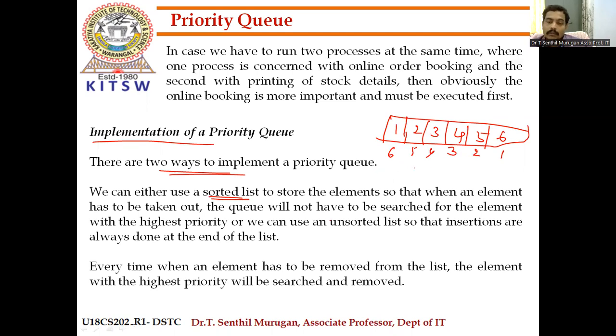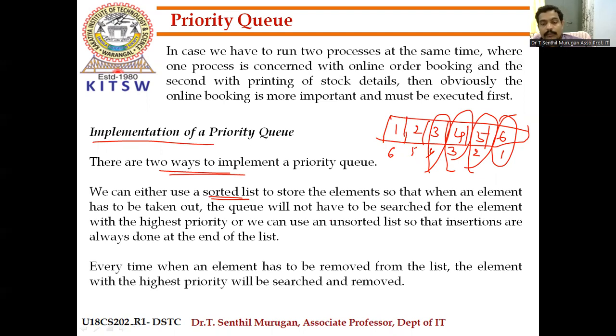If we want to do a delete operation in the priority queue, we first remove the highest priority element, that means the low number has the highest priority. Then the second number, then the third, then the fourth. So it is increasing order when we are doing delete operations.